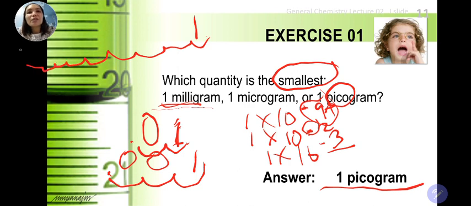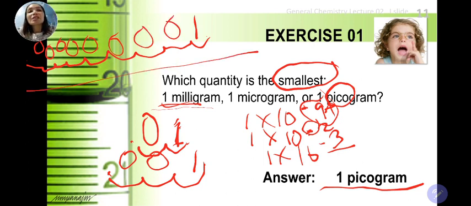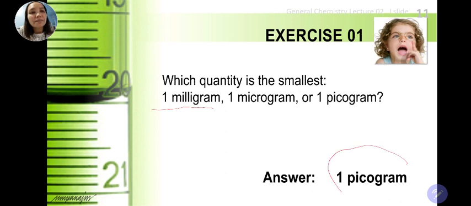So, nandito na yung point mo. Lahat ng spaces, lalagyan mo ng 0. So, sobrang liit niya. That is why yung answer natin, which quantity is the smallest, ang answer is 1 picogram. Okay?